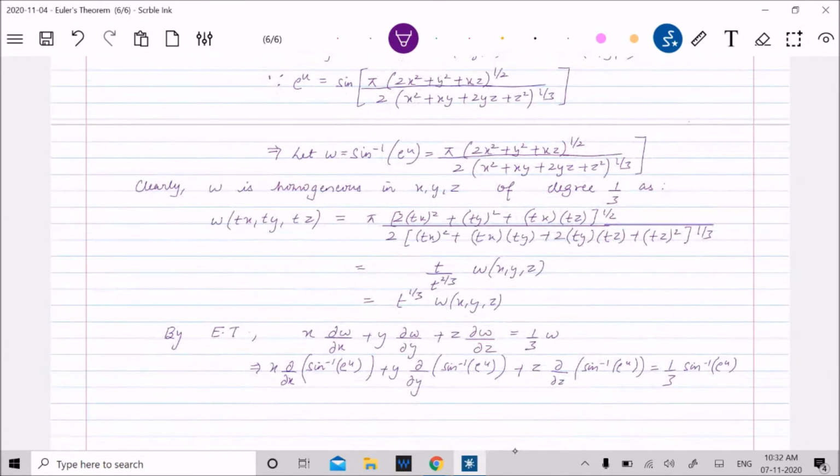Now you have to differentiate it, but I'm not writing the whole calculation here. The differentiation of this thing will be 1 upon under root 1 minus (e to the power u) whole square, that will be e to the power 2u, right? And differentiation of this angle will be e to the power u, and then differentiation of this exponent will be del u by del x, right?